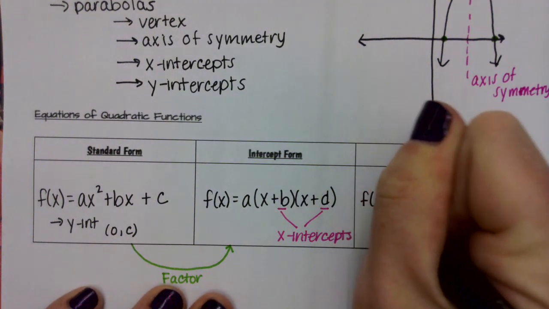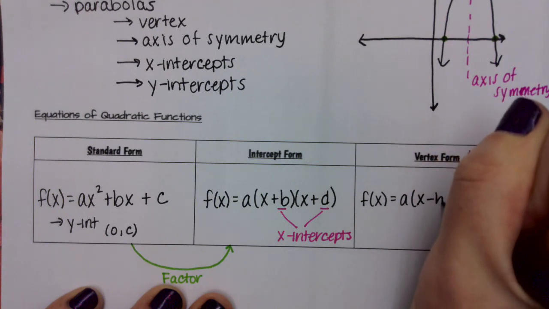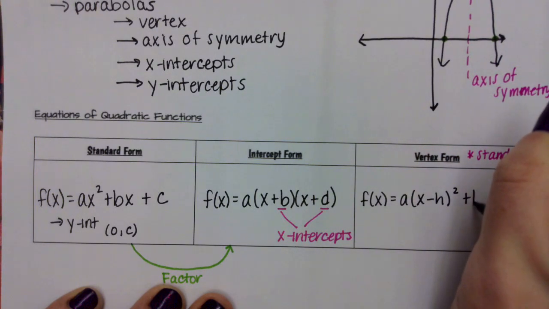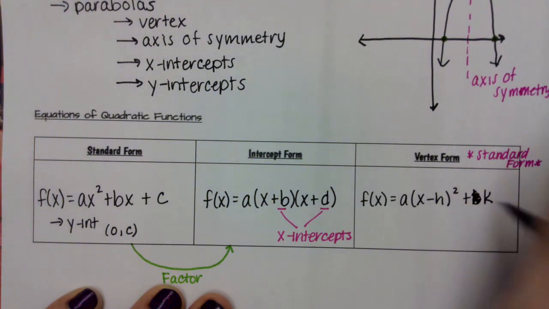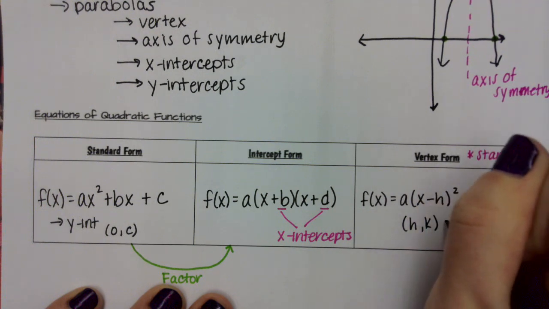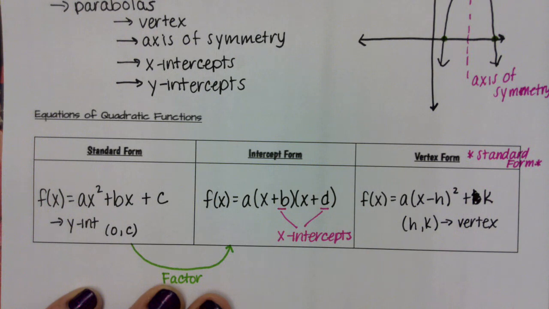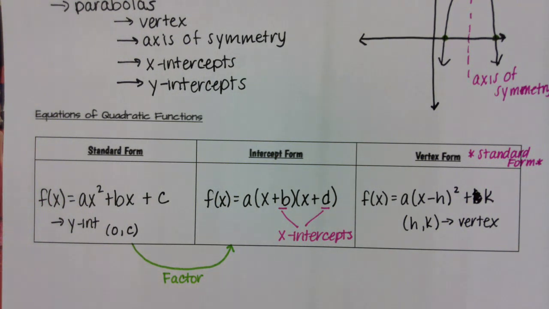So this is our vertex form, f of x equals a times (x minus h) squared plus k, okay? H comma k is your vertex. This is our transformation form that we just got done doing, okay?